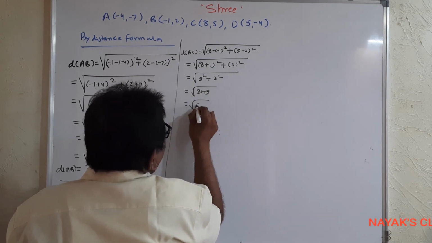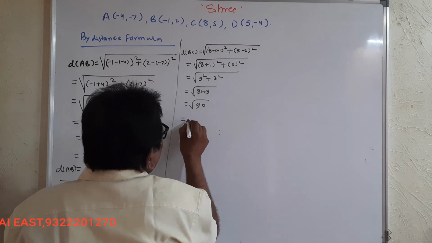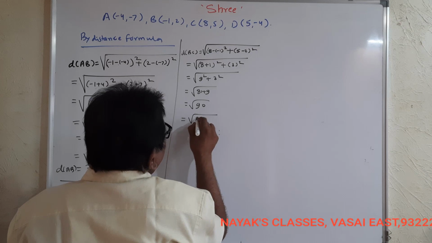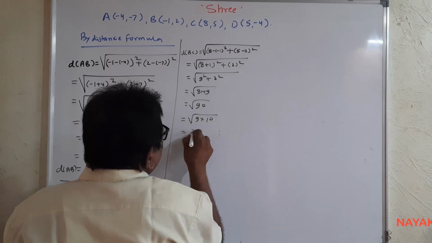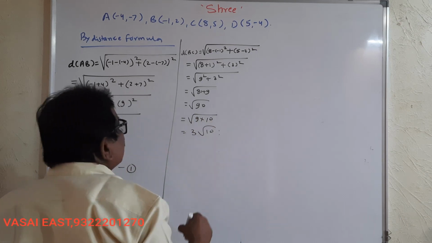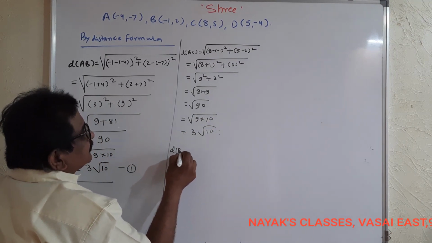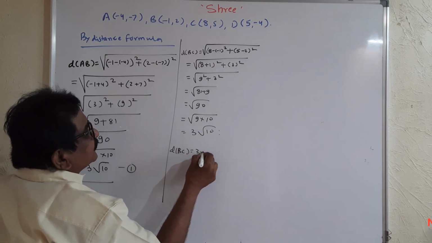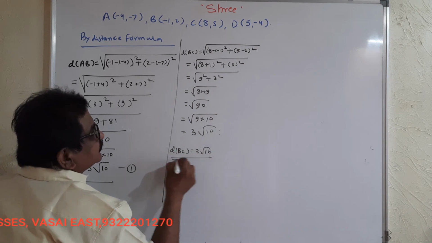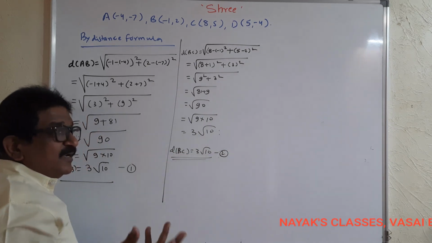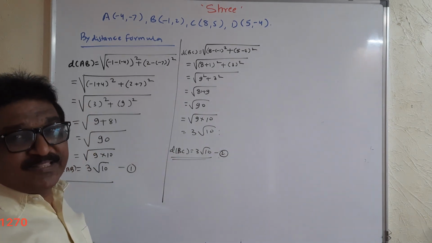It is under root 90, nothing but under root 9 into 10, which is equal to 3 root 10. So second distance BC is equal to 3 root 10. I am not explaining anything, nothing is to explain there.